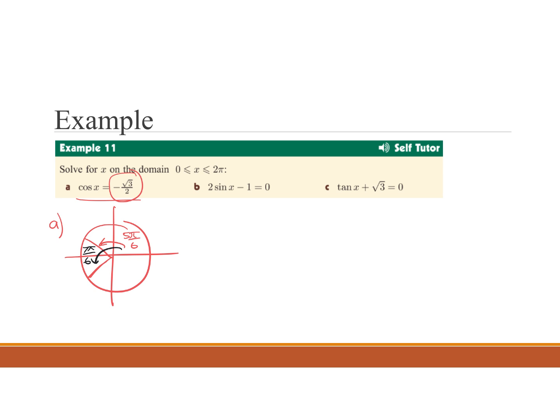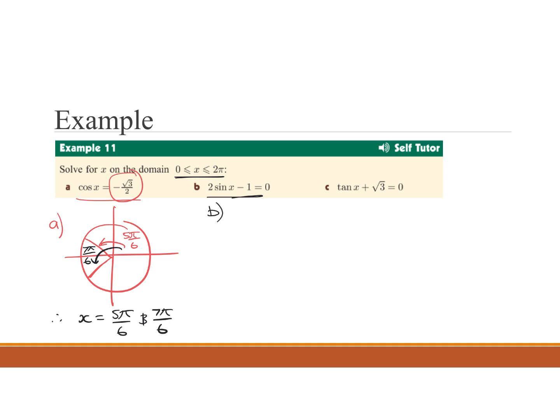This works nicely because we've got a domain of 0 to 2 pi, so it's easier to see. As things get a little bit trickier, it can be a bit harder. And so therefore we can say x is equal to 5 pi on 6 and 7 pi on 6. We look at b, it's a little bit different here, so we have to work this a little bit more.